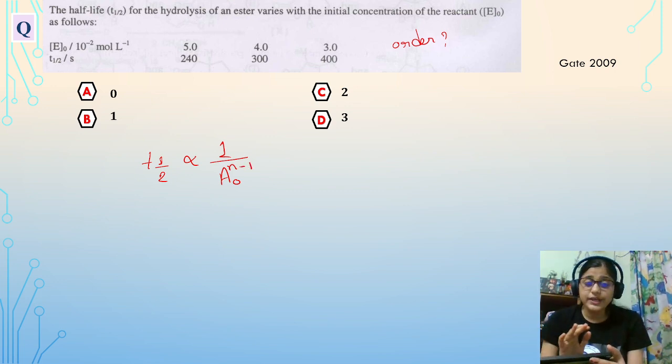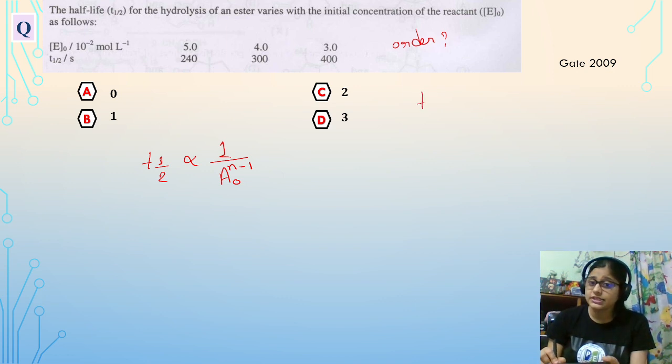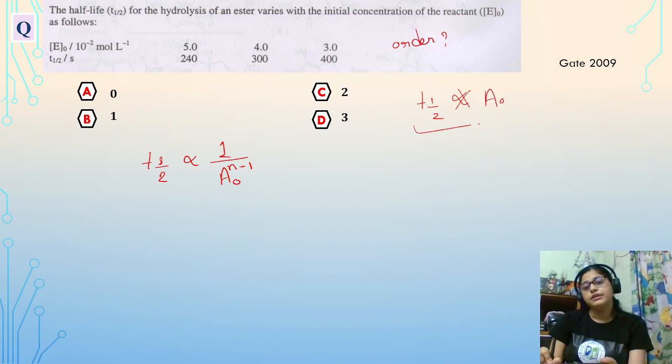Okay. So various E0 values are given, and we are seeing that this is changing T half. So if it is first order reaction, it will not be changing on the A0 value. So it is not first order. This option we can cut right now.